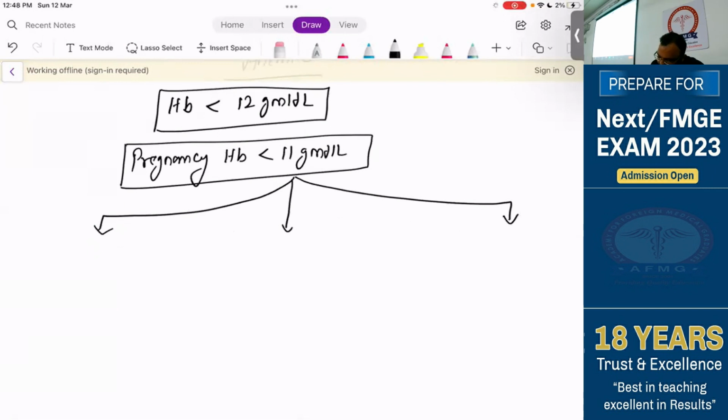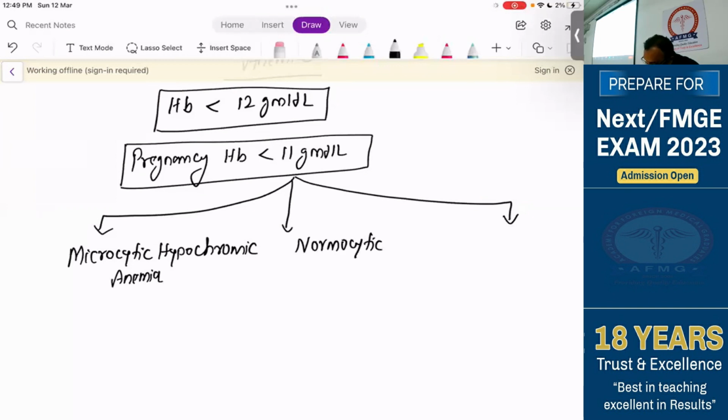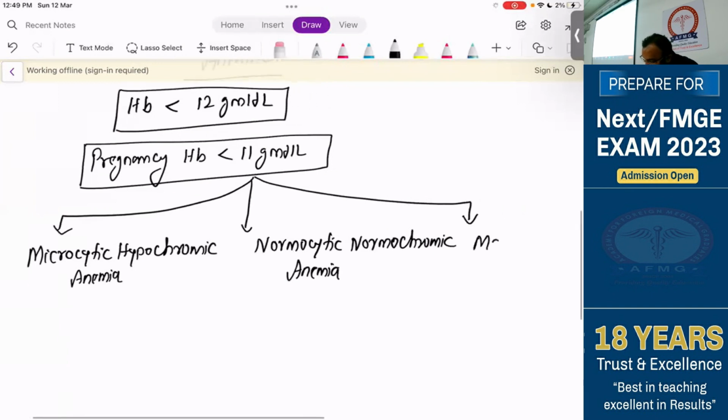One is called microcytic hypochromic anemia. The second category is called normocytic normochromic anemia. And the third one is called macrocytic normochromic anemia.